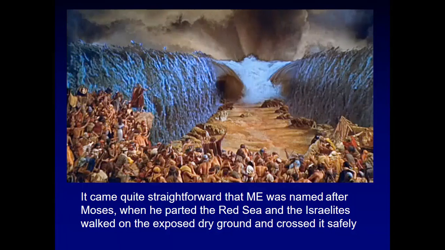This was something which happened many thousands of years back, by Hazrat Musa alayhi salam, when he led Bani Israel because of the wrath of Pharaoh, and he led them through the river Nile, Red Sea.